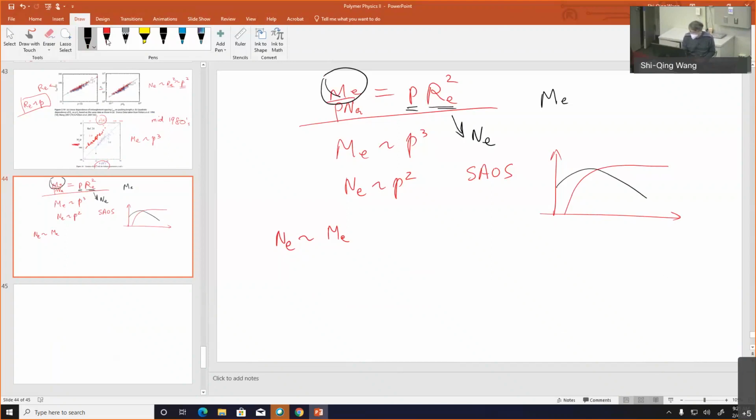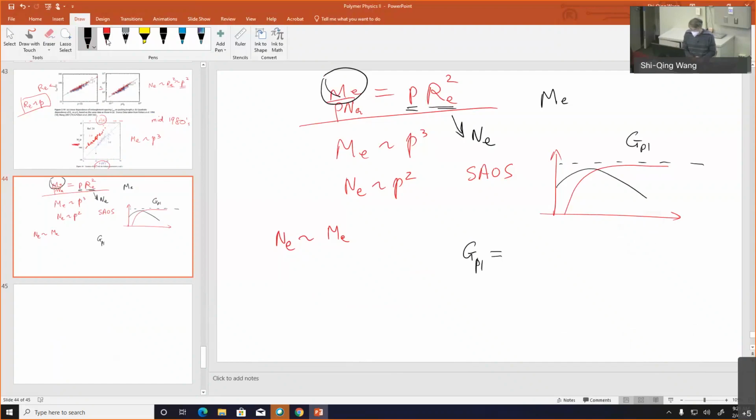In particular, there's a plateau modulus that's called GPL, plateau modulus. So we're going to figure out if you can measure plateau modulus, then you are in business.